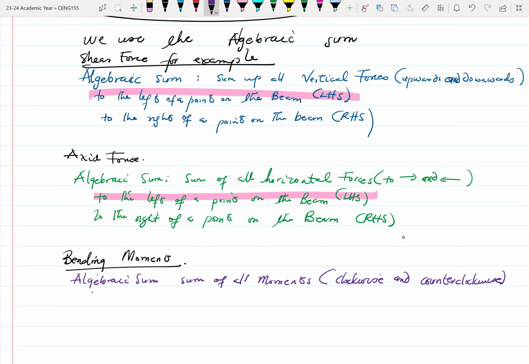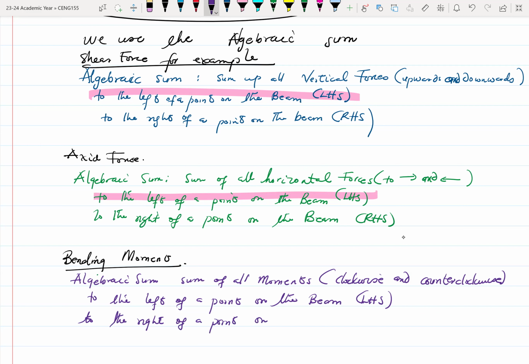So again, to the left of a point on the beam. Here we are looking at the left-hand side, or to the right of a point on the beam.